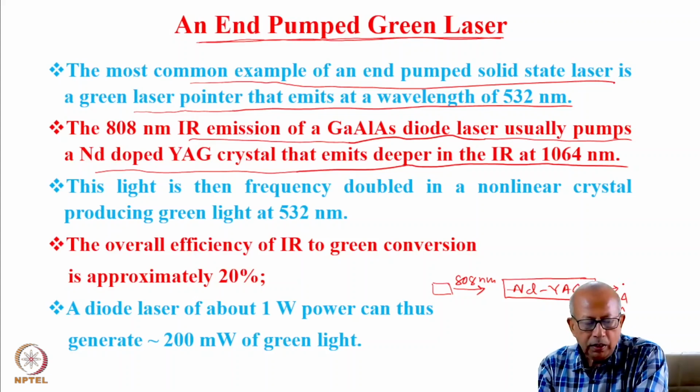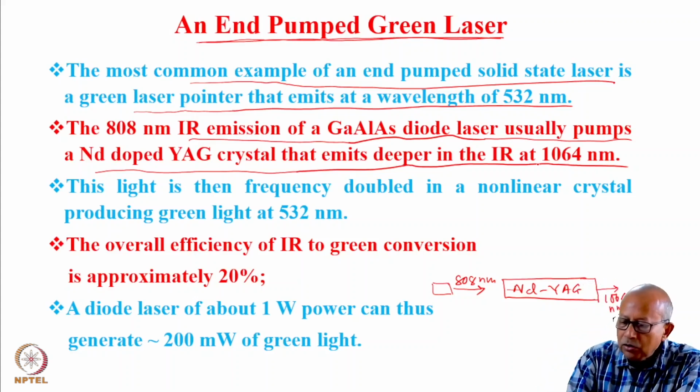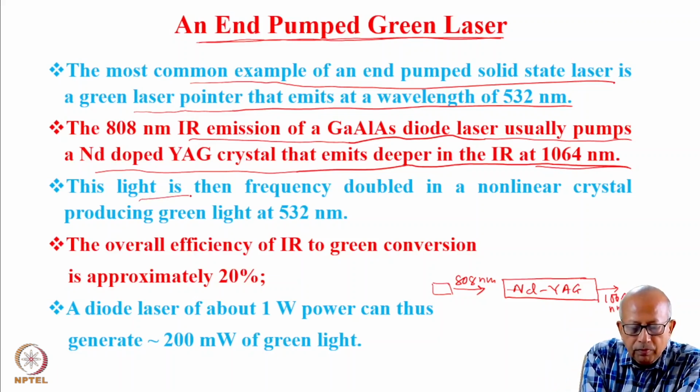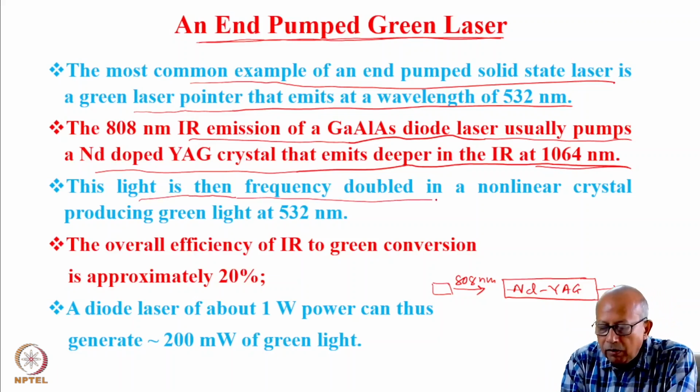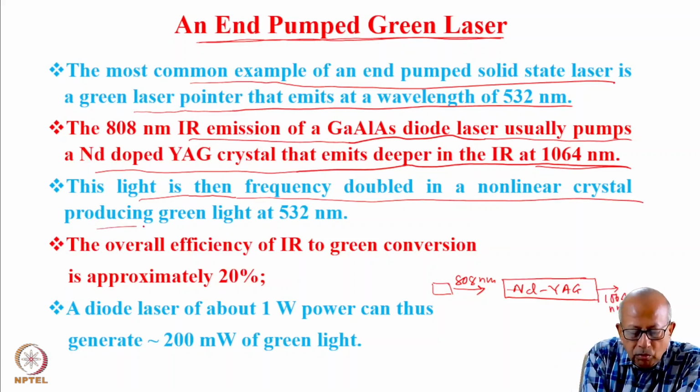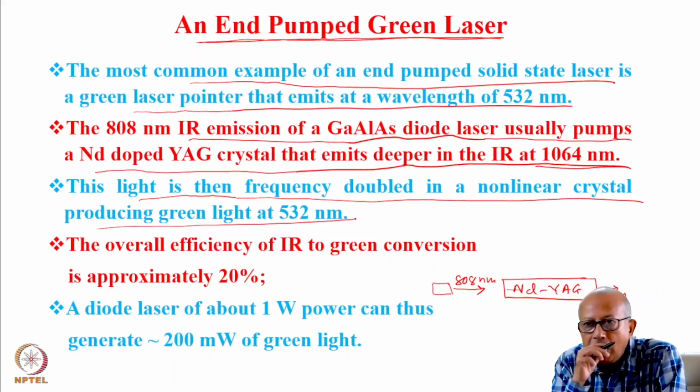Then this 1064 nanometer light is frequency doubled in a nonlinear crystal, producing green light at 532 nanometer.